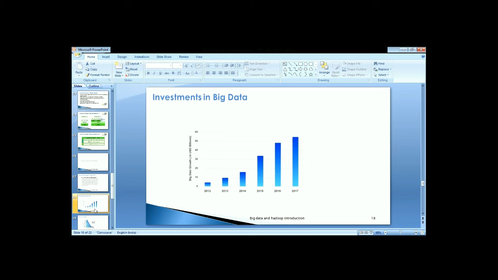Everyone knows now. All the corporates, all the clients want their data to be in big data. They want to make use of the technology, they want to make use of Hadoop, they want to know the different flavors of Hadoop. This graph is just increasing and it will keep on increasing. I can say for the next 10 years at least, big data and Hadoop is here to stay.